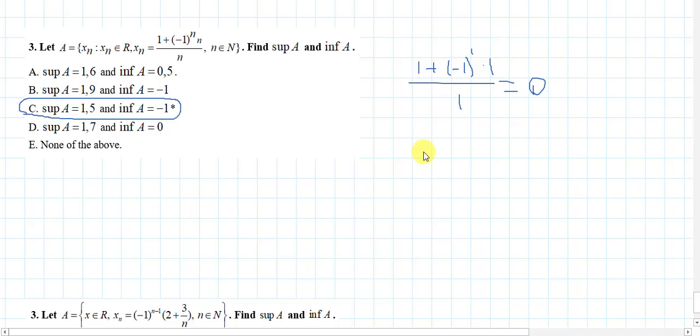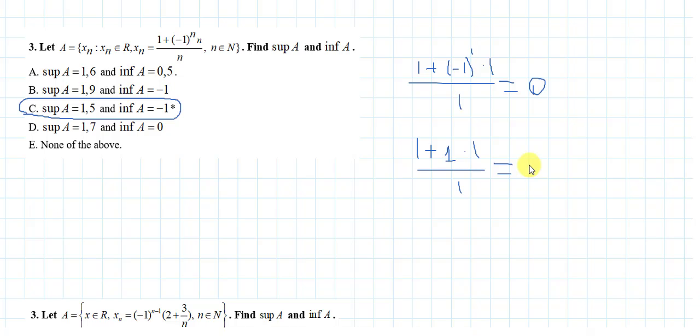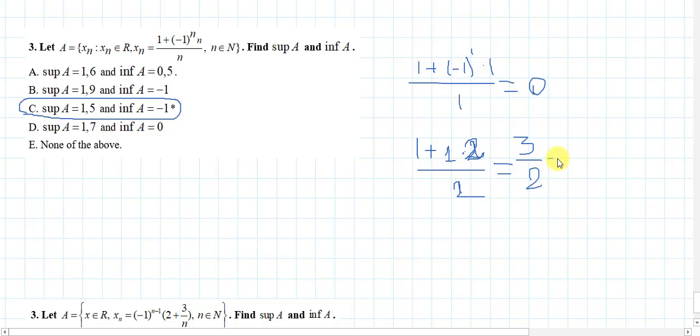If n is 2, we have 1 plus minus 1 to the power of 2, times 1, over 2. Because 1 times 2 is 2, 2 plus 1 is 3, and divided by 2, we have 3 over 2. So it is 1.5.